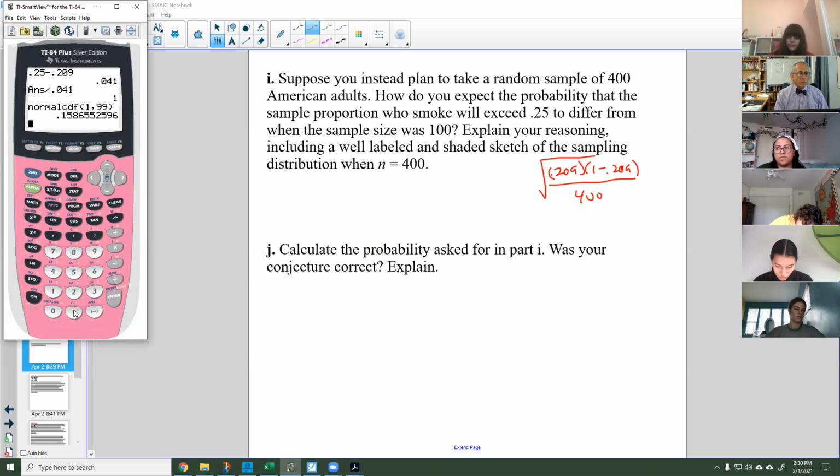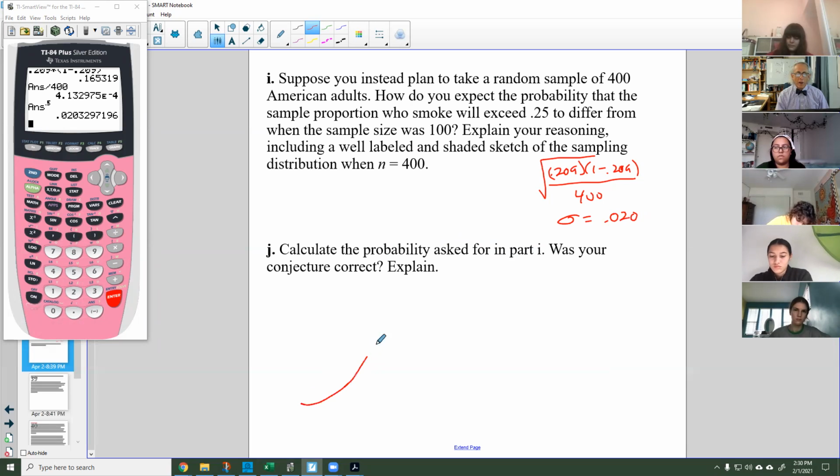I have 0.209 times 1 minus 0.209, and I'm dividing it by 400. Oh, I got to take the square root of that. I almost forgot to take the square root. That would be bad. So I have a standard deviation, and let's call it 0.020. So my standard deviation is 0.020.